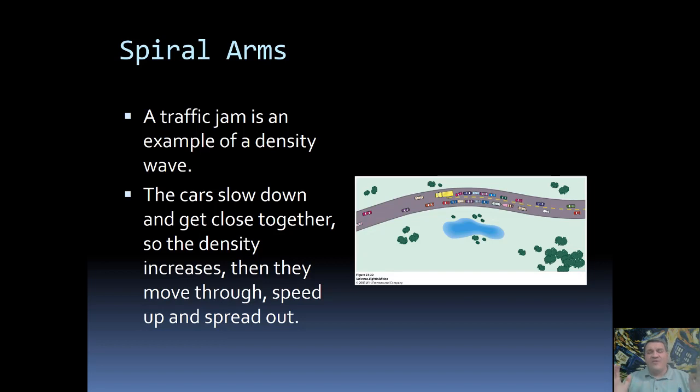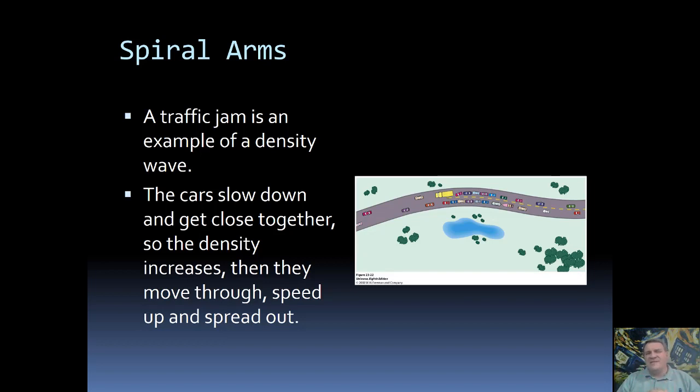As you slow down, the cars get closer together, which means you've just increased the density of the cars through that region. Then, as you get around Point of the Mountain, now in this case it does depend on time of day, but usually as you get across Point of the Mountain, things speed up again. And because they speed up, the cars spread out, decreasing the overall density.